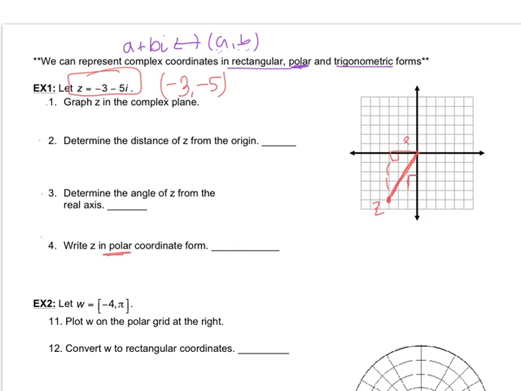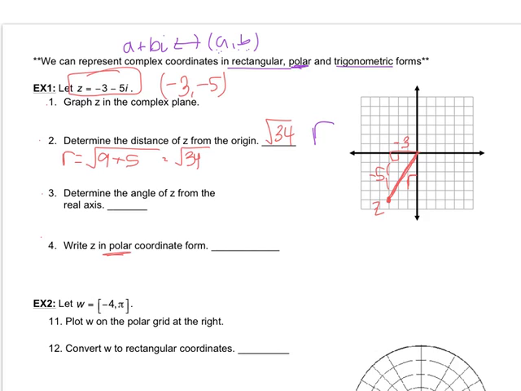If that's -3 and that's -5, then we can solve for r by taking the square root of x squared plus y squared, which would be the square root of 9 plus 25, which is the square root of 34. So that's the distance from z to the origin, or in other words, r. This step is really just saying find r.